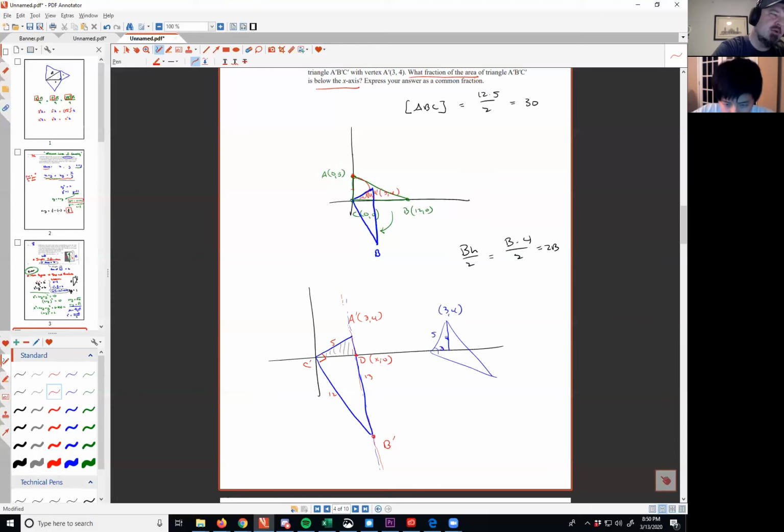It's on the line with A prime and B prime. We know A prime. Do we know B prime? No. Well, we know that B is distance 12 from the origin, and then we rotated it clockwise, B to B prime.